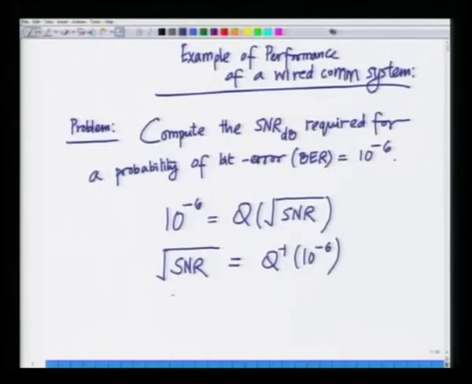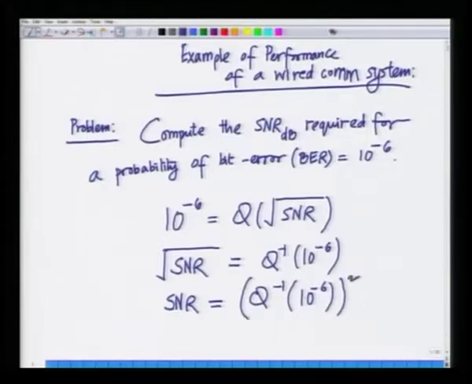If I square both sides, the SNR required is simply Q inverse of 10 power minus 6, squared. Again there is no closed form expression to compute this.